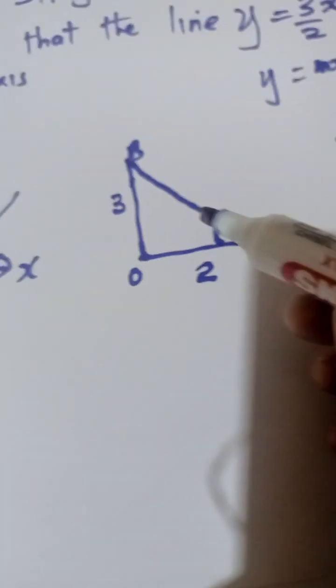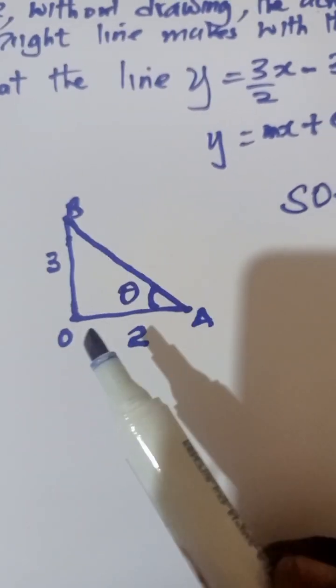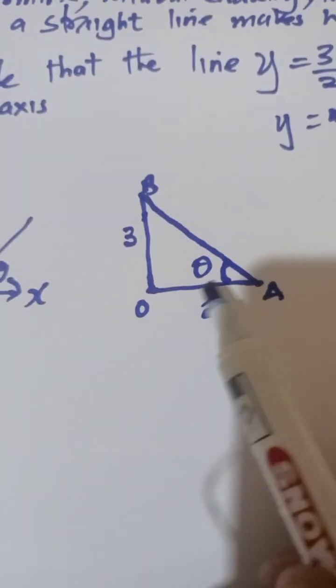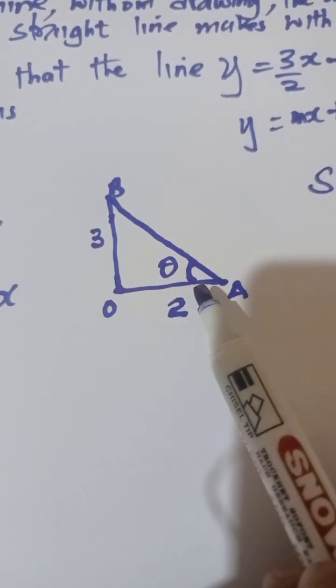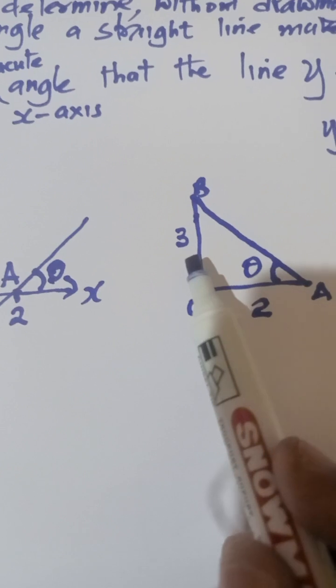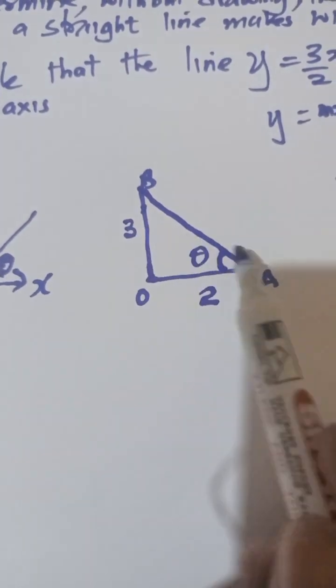Now, in our case here, we want to look for this angle. Which sides do we have? The adjacent side is the side just next to the angle. So OA is adjacent to theta, and you can see OB, which is 3 units, is opposite theta.